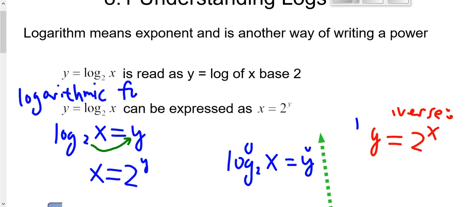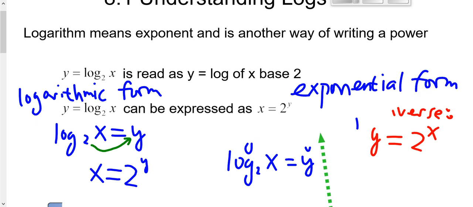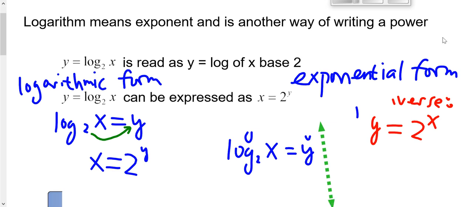This one with the exponent, we call the exponential form, because in the near future you will deal with examples that ask you to convert this form into that and vice versa. Alright, so now let's work out some examples.